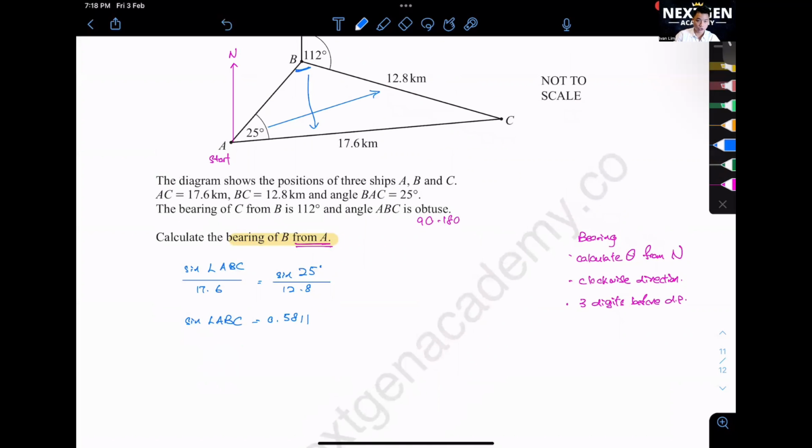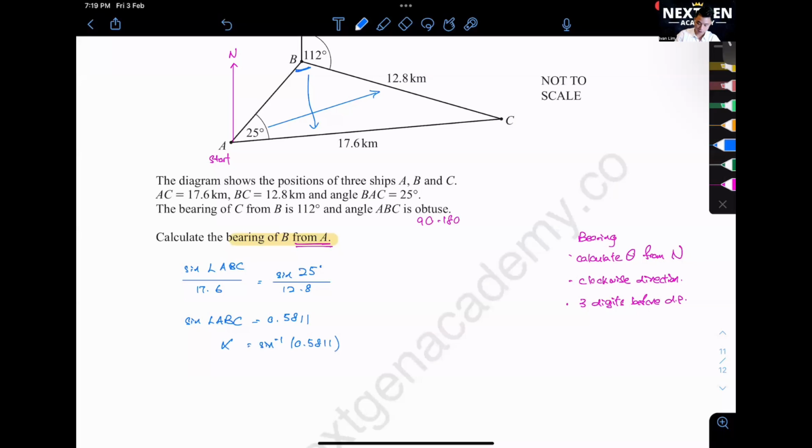Because it's still trigo, your sine, cos, tangent, if an angle equals a value, we still have to use the proper ASTC way. You need to find your base angle first. They also say it's an obtuse angle. So find your base angle first: shift sine 0.5811.